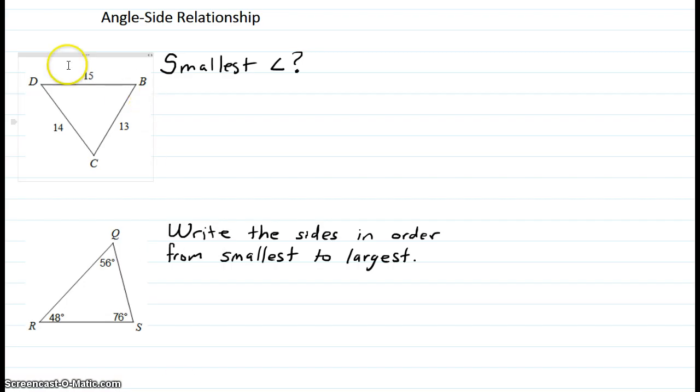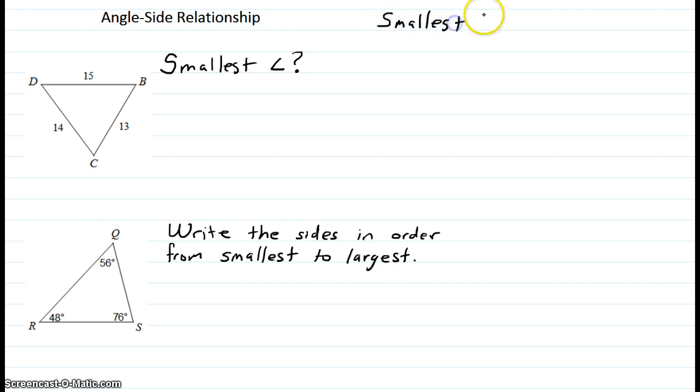Now, if we look at this example, we have a triangle with sides 13, 14, and 15, and the question is asking which one is the smallest angle. The smallest angle is going to be opposite the smallest side. We've written this before, but it's a good review.